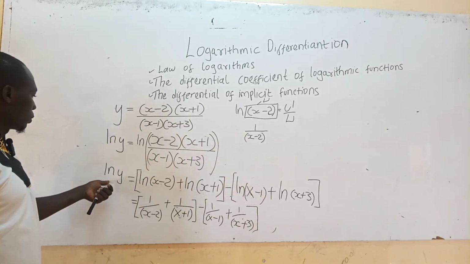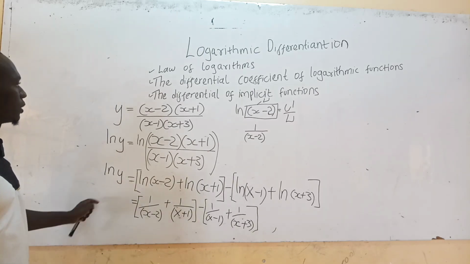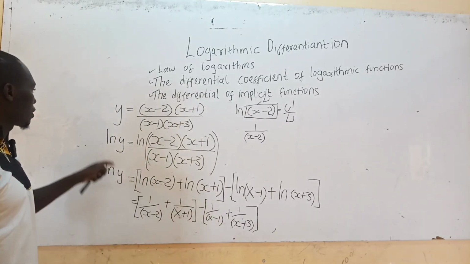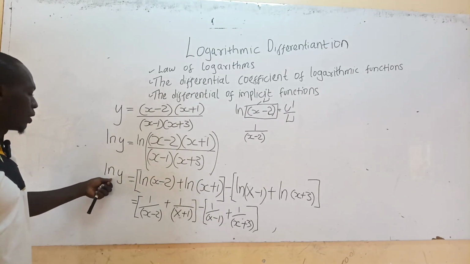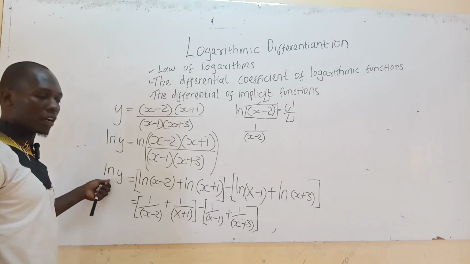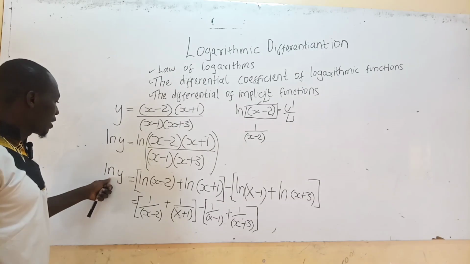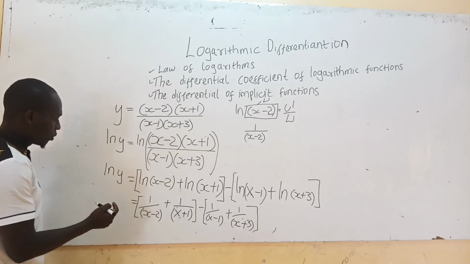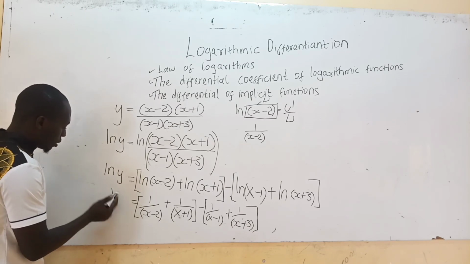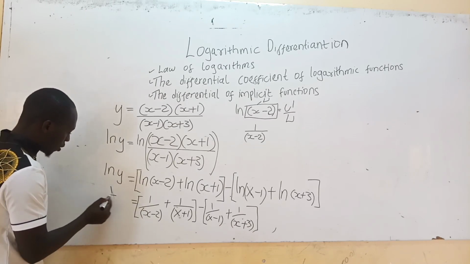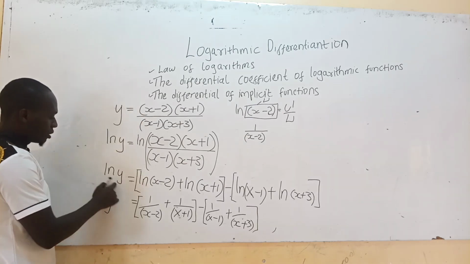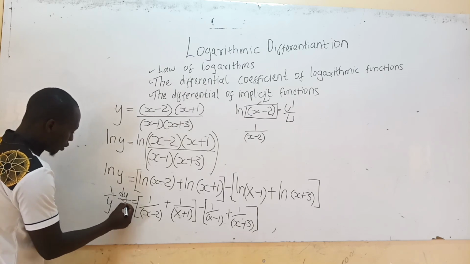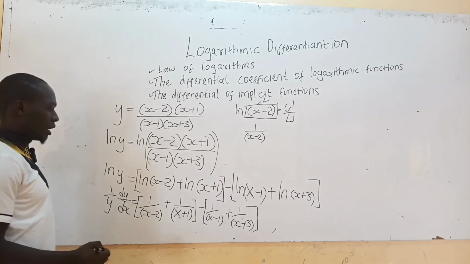Now, let us come to our natural log of y. We say that the differential of an implicit function. So it was a y function. So here we are going to carry out our differential implicitly. And by differentiating this one implicitly, when we differentiate y, we are going to have 1 all over y. But since it was differentiated implicitly, we are going to have dy with respect to dx.